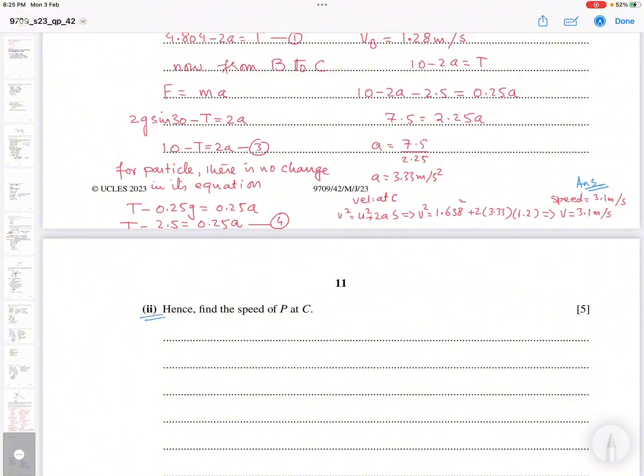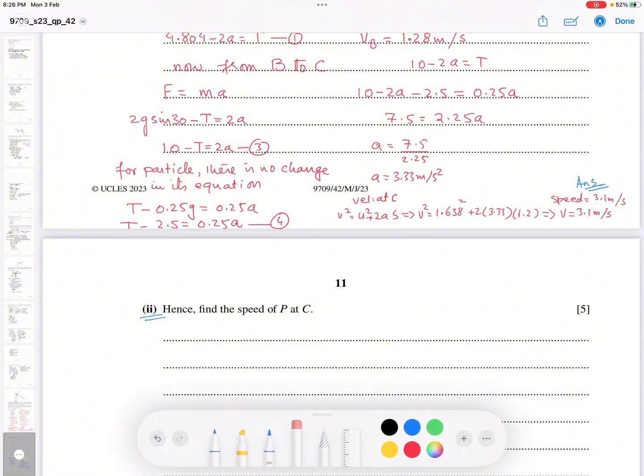So v is equal to velocity at C. Okay, let me do it again on the next page.